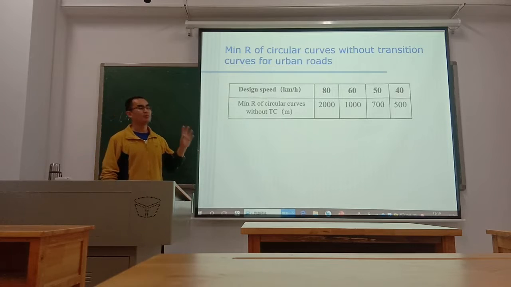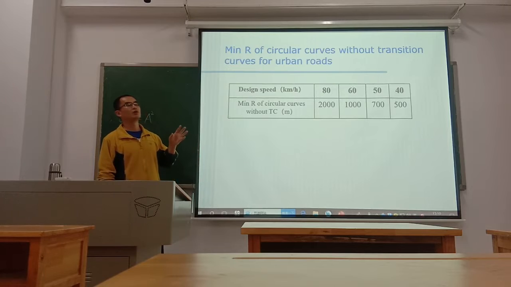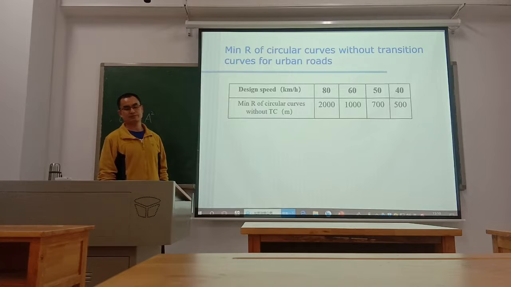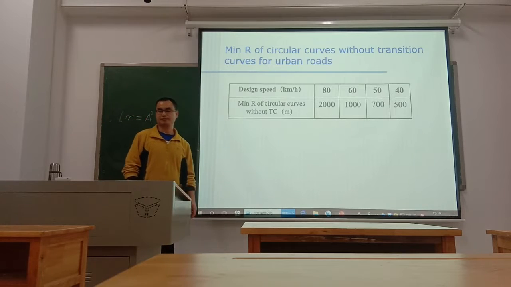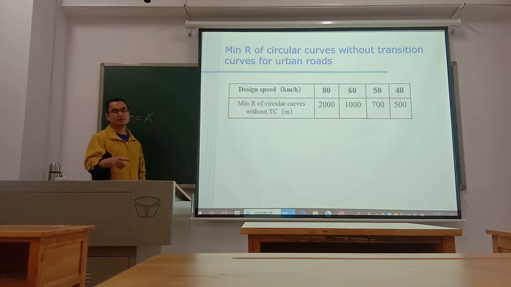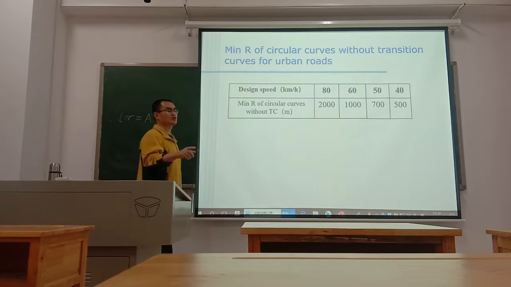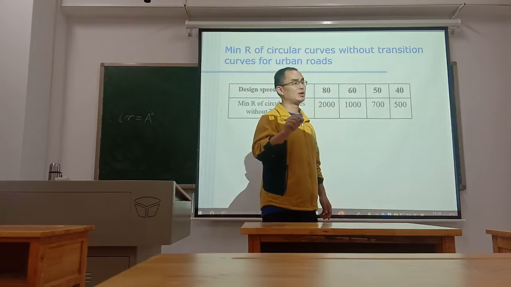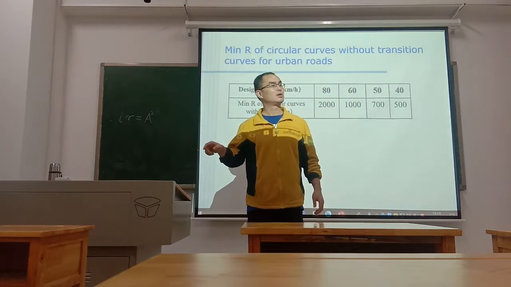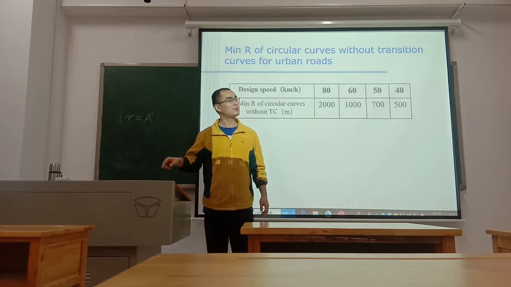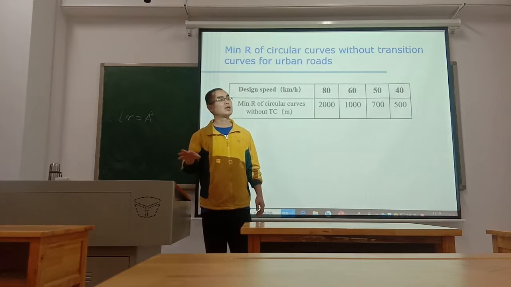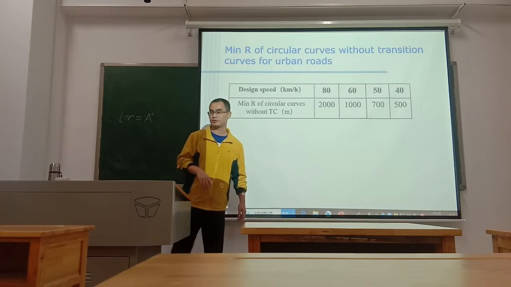This is the omission of transition curve for every road. When the radius is greater than or equal to the value in this table, you can omit the transition curve on every road.